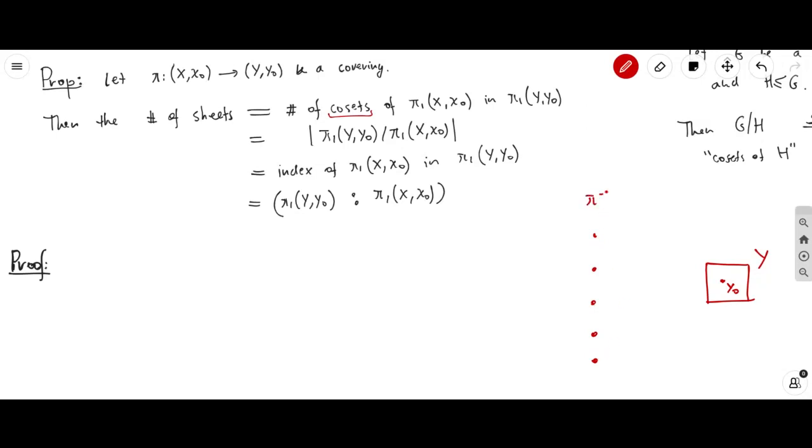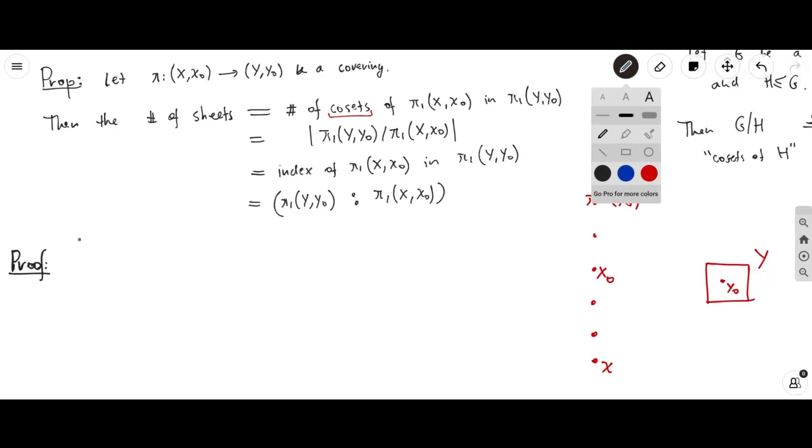This would be pi inverse of y0. So this is the fiber over y0. All of them are being mapped to y0 using the covering. And one of the points in that fiber is going to be x0. Right? One of them is going to be x0. And then you can have other ones. So let's say you have another one over here, x.